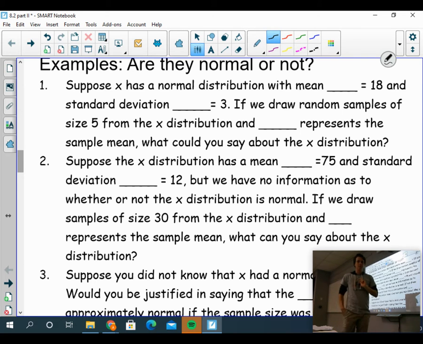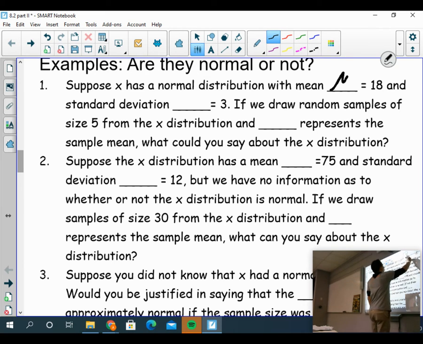So what are we going to do now? You do not need to write these down. What I want you to do is let me write the symbols, talk you through these, and then for 1, 2, and 3, you are going to determine whether the distribution of sample means will be normal by Theorem 1 or Theorem 2. Okay? So let me fill in the symbols, and then we'll solve each one.